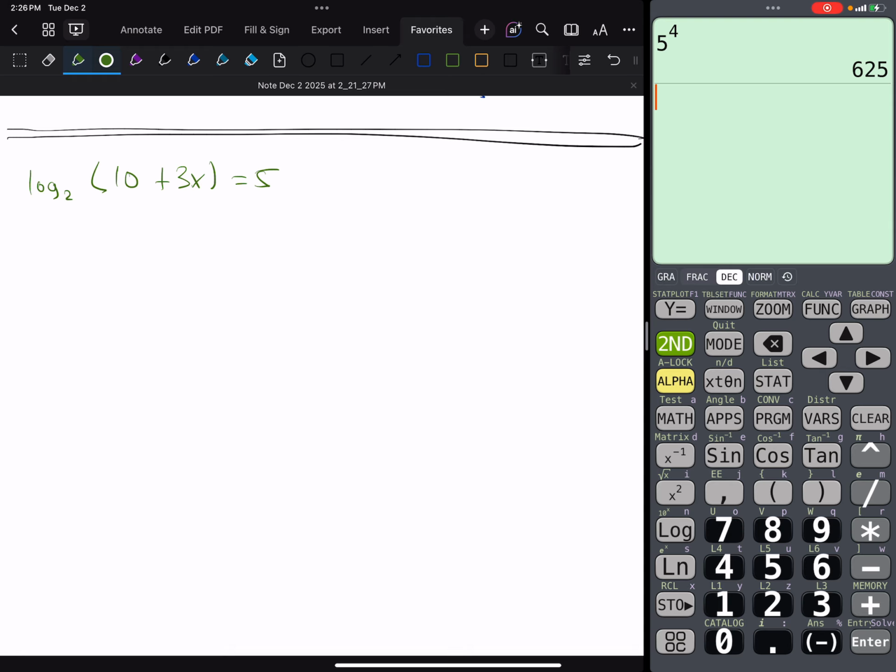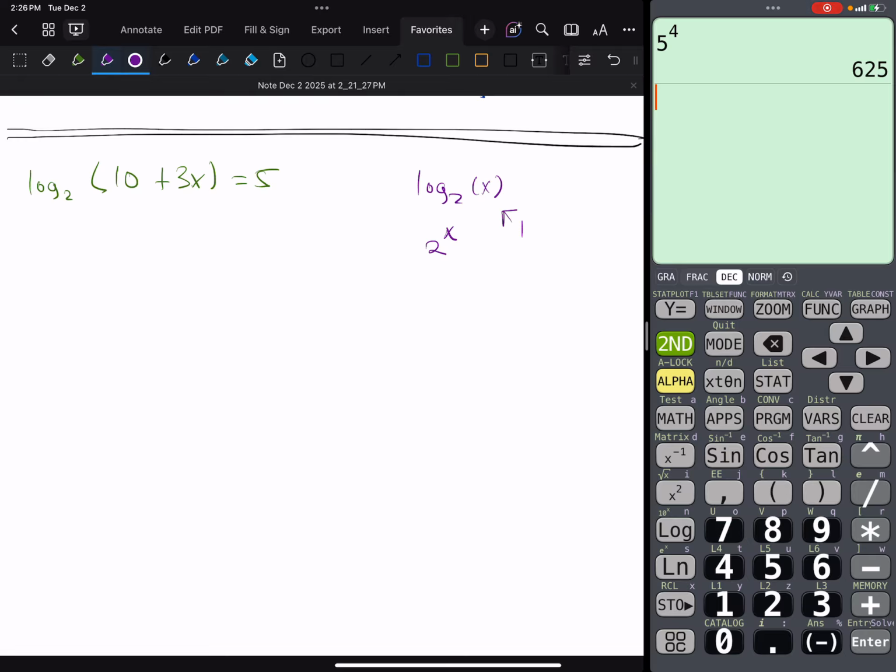I cannot peel that back using any of my old tools. I must use an inverse function. The only inverse function we're going to find for log base 2 of x is an exponential with the same base. And so it's going to be 2 to the x.